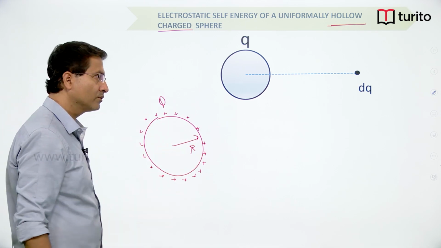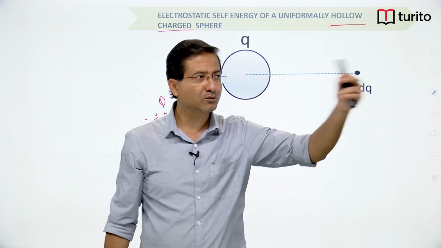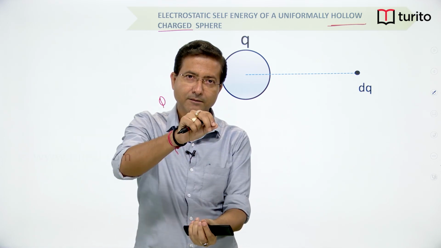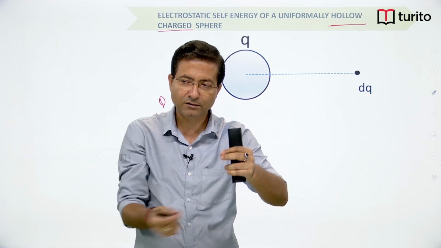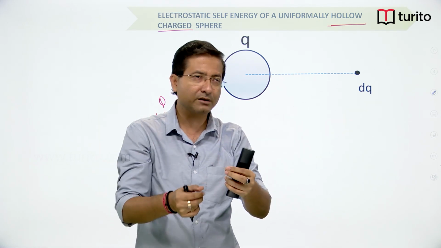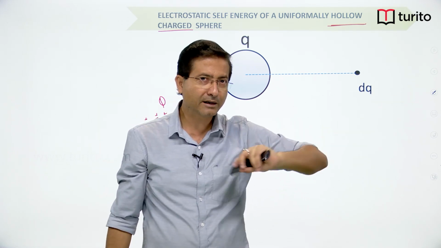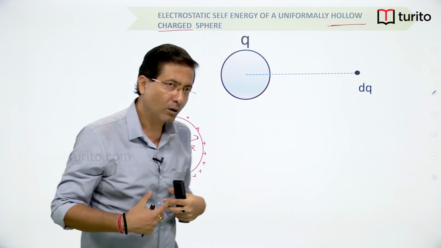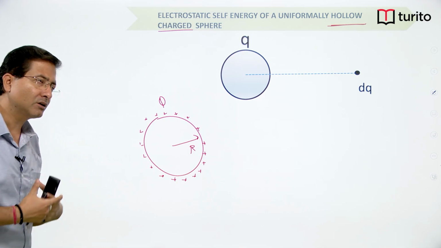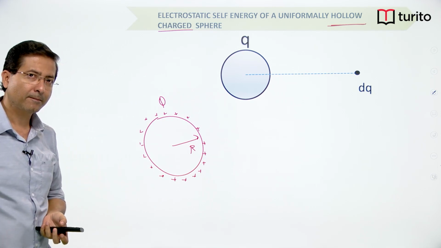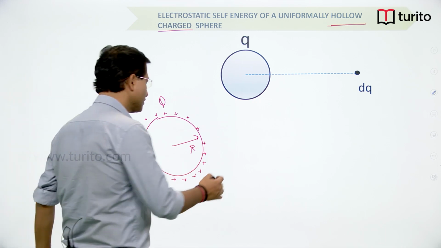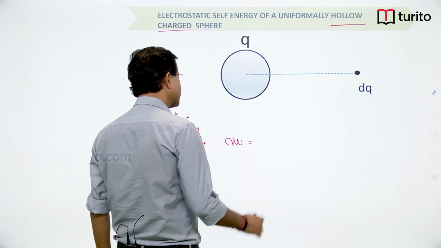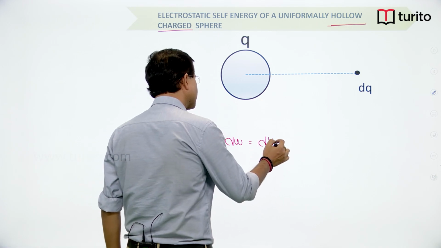So what I need to do, I have to bring dq charge from infinity and keep placing and distributing it over the surface. So bring dq, distribute over the surface, bring another dq, distribute over the surface. This way I have to bring total charge q from infinity and distribute it over the surface. Whatever work I am doing will go in the form of potential energy of the system. Work done by external agent, if it is being done slowly, is the change in potential energy of the system.